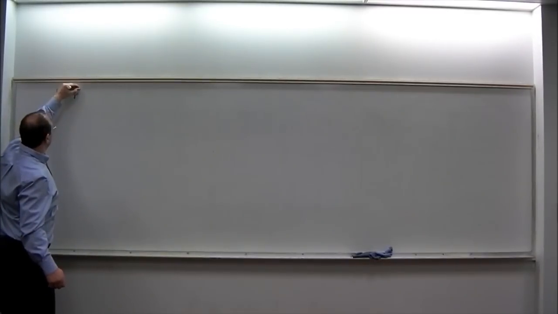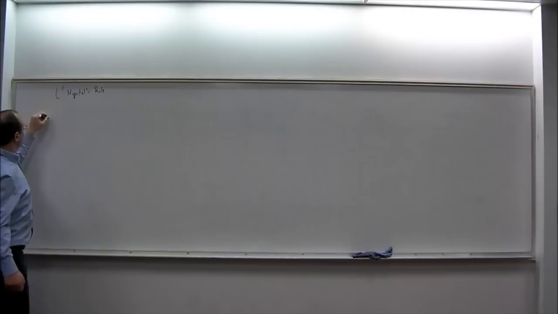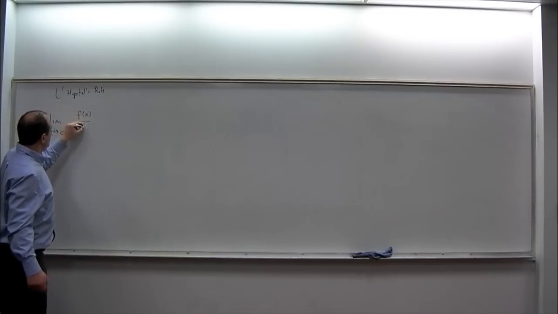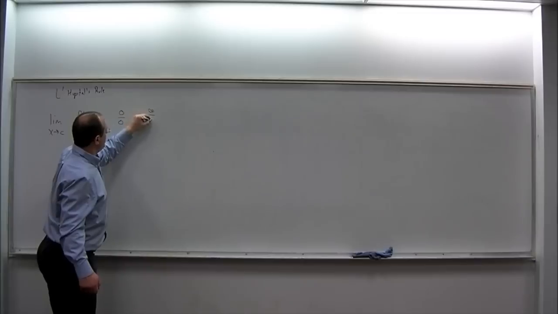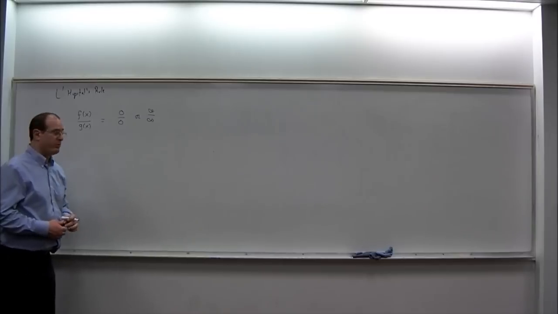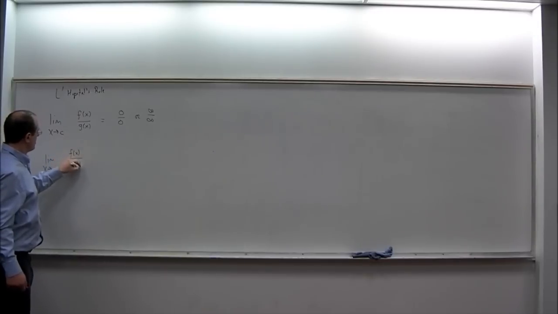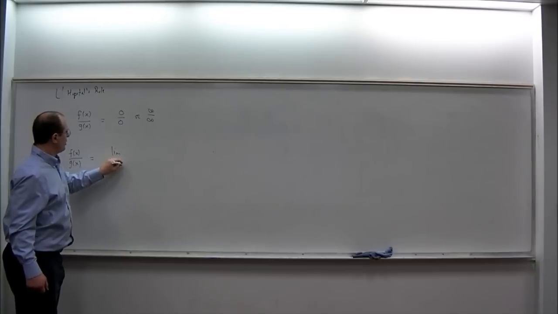L'Hopital's rule is used to find limits. So if you're trying to find the limit as x approaches c of f of x over g of x, and if you're getting 0 over 0 or infinity over infinity, either one of these classical indeterminate forms, then the limit can be computed by taking the derivative of each function.